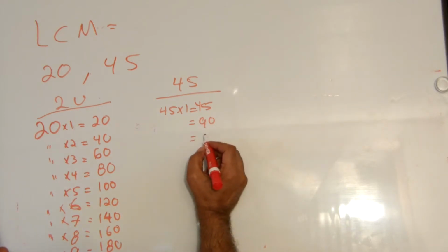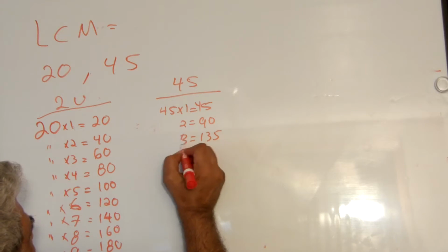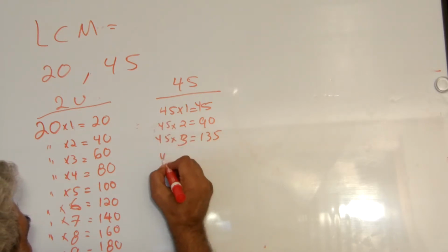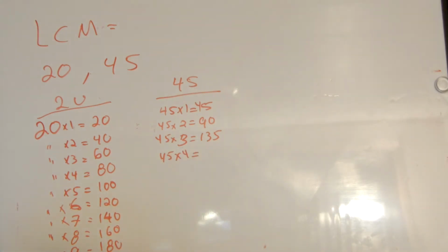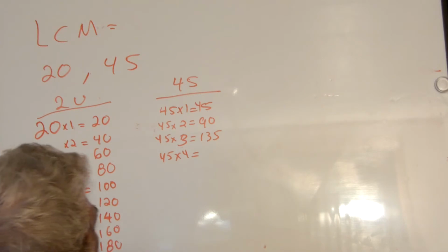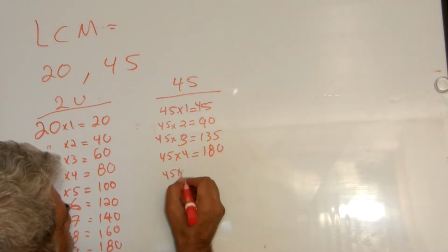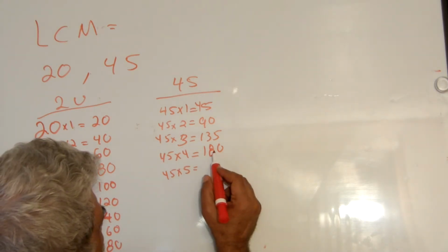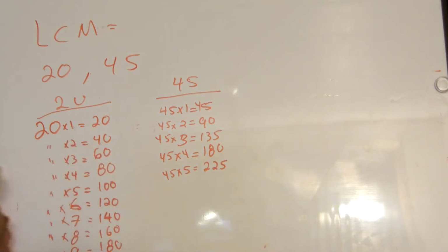Times 3 equals 135. 45 times 4 is equal to 180. 45 times 5, every time 45 is added, 225.